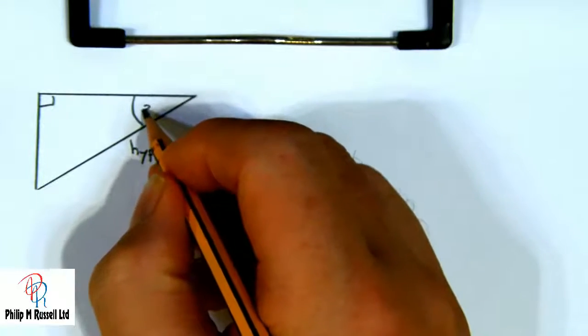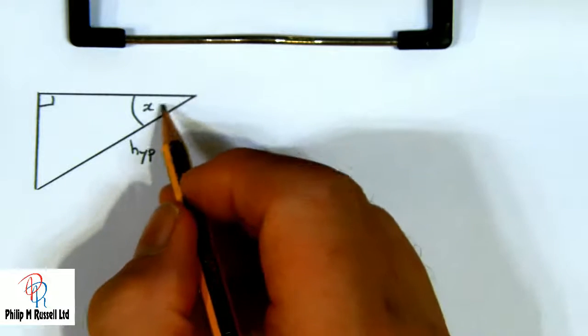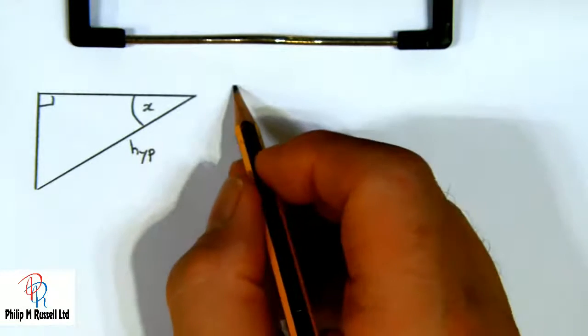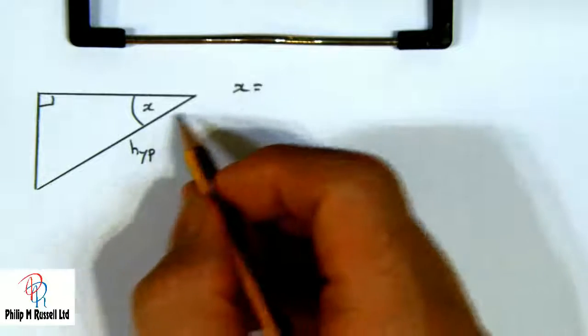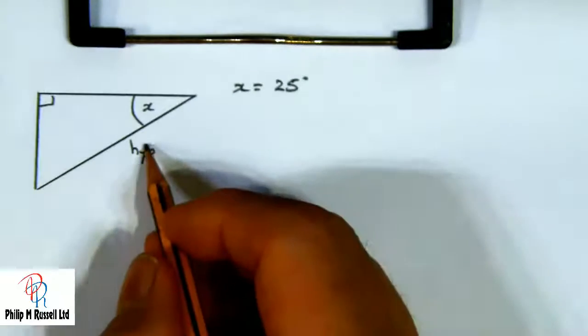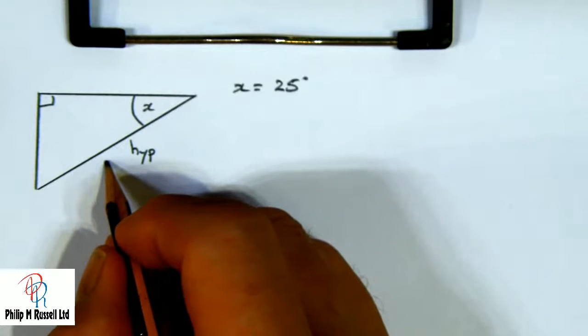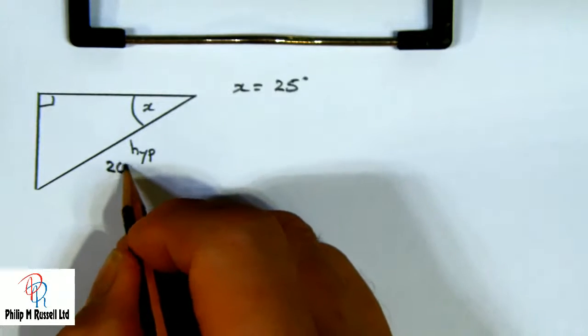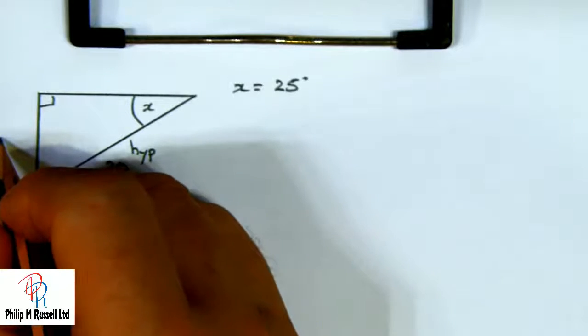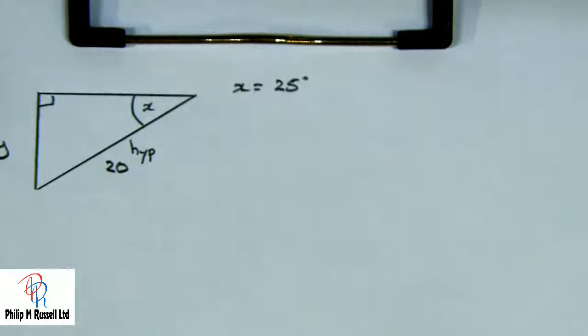Here, let's have our angle X, and this time let's make the angle X equal 25 degrees, and I'll have a hypotenuse which is 20, and we've got to work out what side Y is.